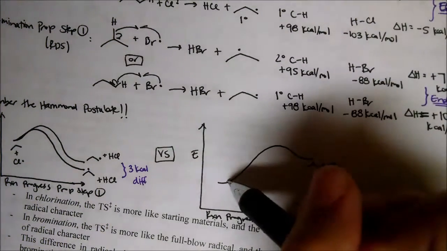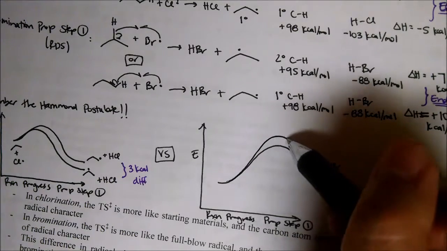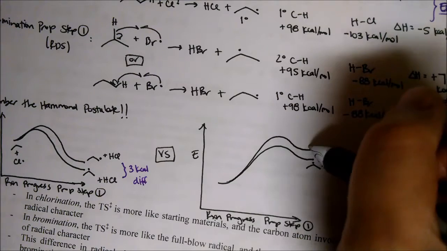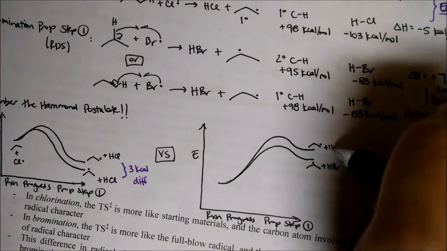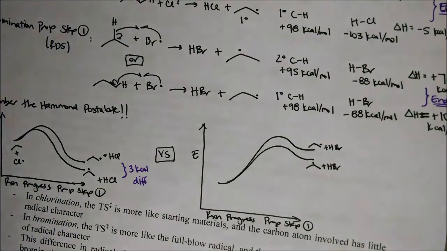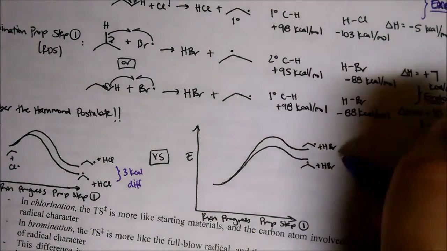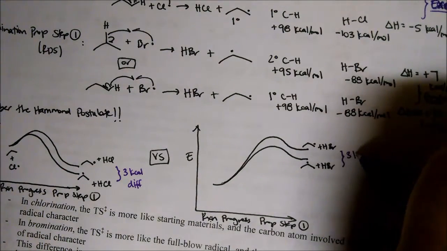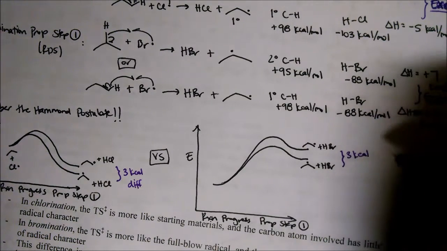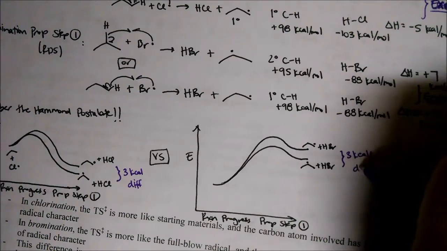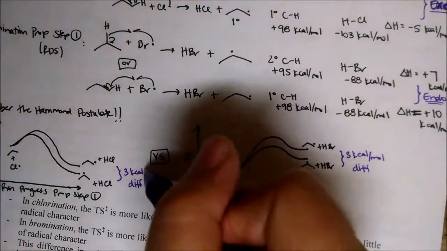And the other one, the primary radical, is going to be a little bit higher. So here we get the primary radical plus HBr. Again, the difference is 7 and 10, so they have a difference of 3 kcal per mole.